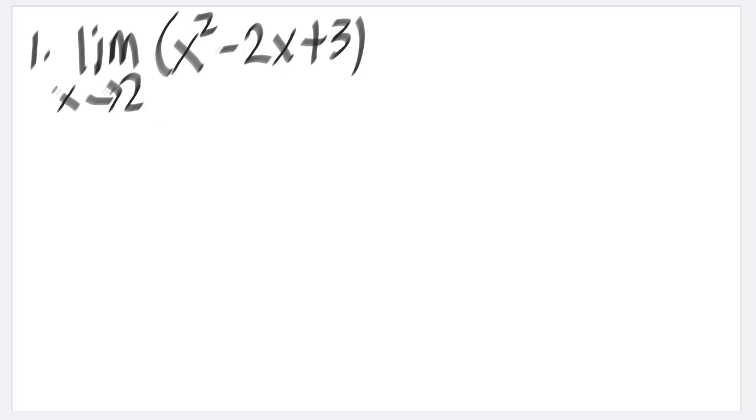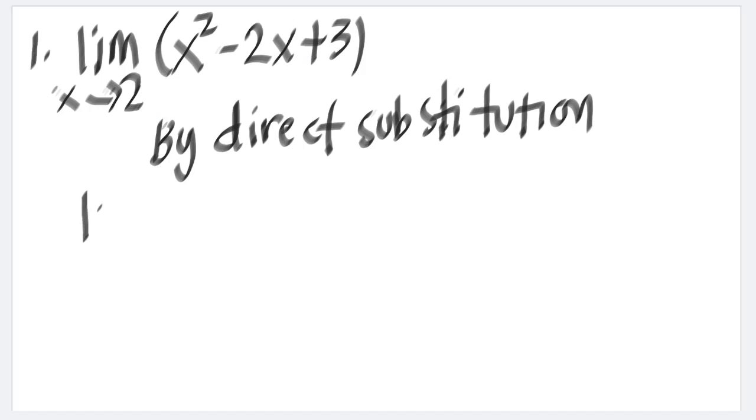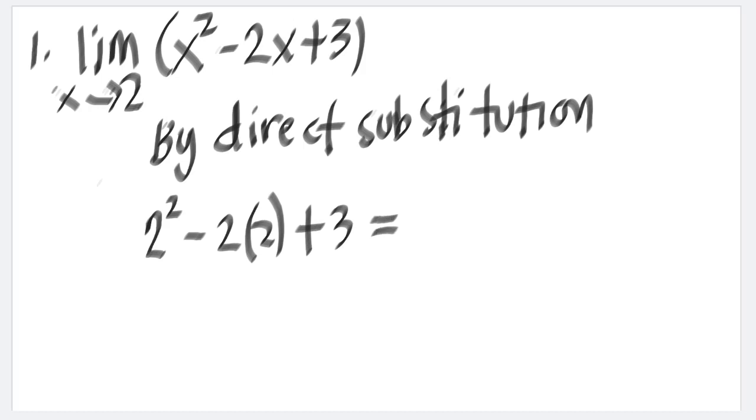So by direct substitution, as x approaches 2, the limit of this function becomes, you just substitute the value of x, 2, so that is 2 squared minus 2 times 2 plus 3, that is equal to 4 minus 4 plus 3, that is equal to 3.